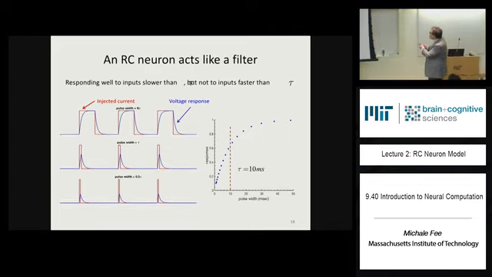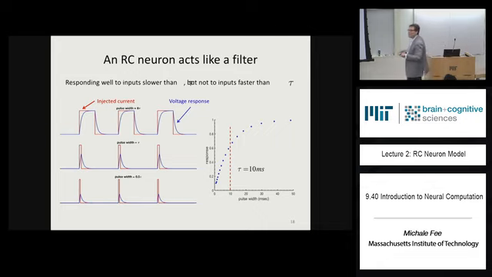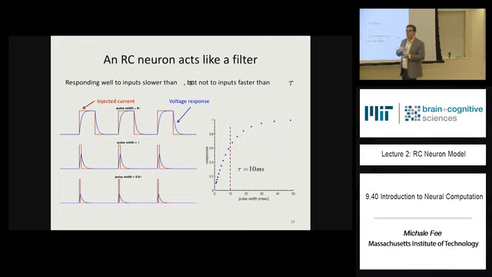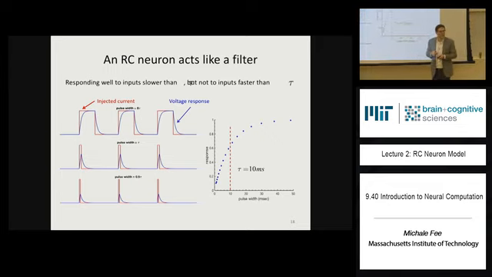You can see that for long pulses, it responds very well, but for short pulses, it barely responds at all. And that's called a low-pass filter. It responds well to slowly changing things, but barely responds to rapidly changing things. So it's passing low frequencies, low-pass filter.